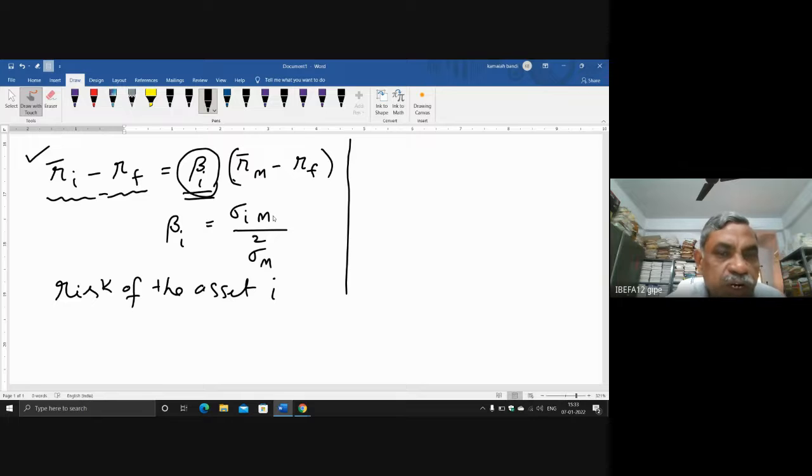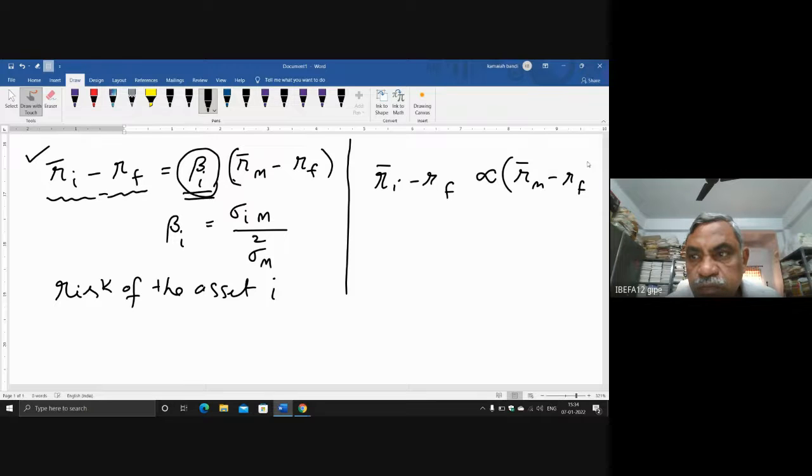Now, there are alternative interpretations of the beta. Suppose, with RF as the base, we can interpret this as R bar I minus RF being directly proportional to R bar M minus RF. Okay.